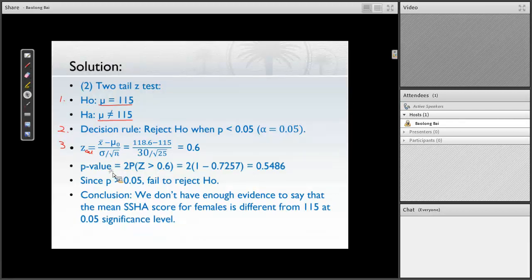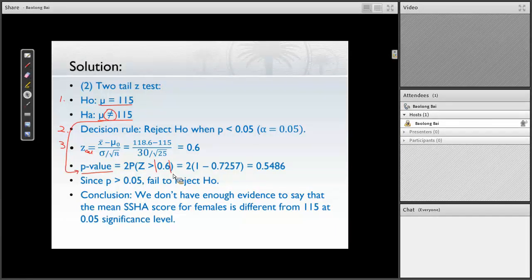So now, how you write the p-value is dependent on your alternative hypothesis here, right? If your alternative hypothesis is a not equal sign, your p-value will take 2 times the probability of z greater than the calculated z's absolute value, right? Don't forget you have the absolute value sign here, right? So I skip that because 0.6 taking the absolute value is still 0.6. But when you have a negative z-score, make sure you convert it to positive when you have a two-tailed test, okay?